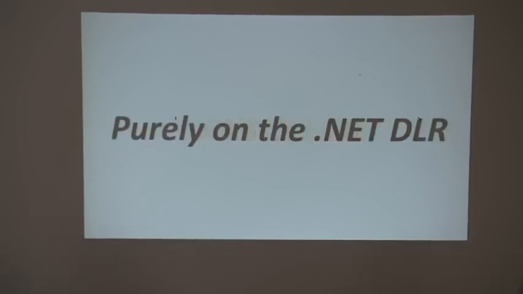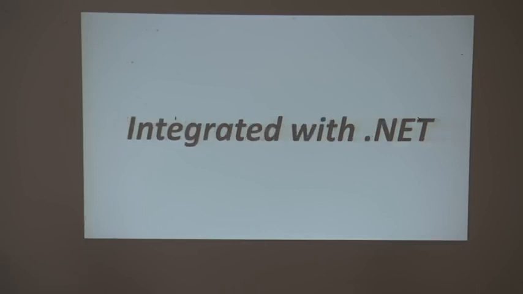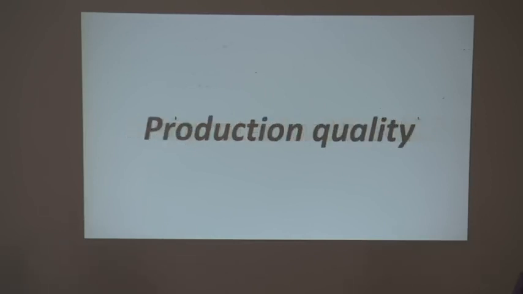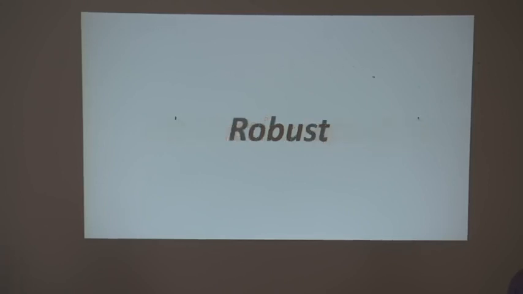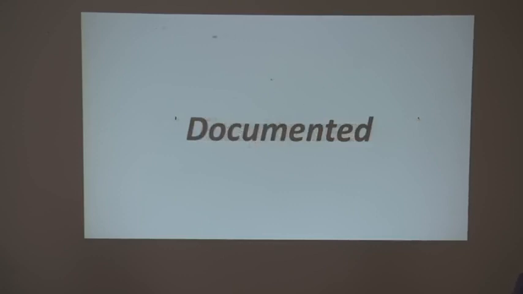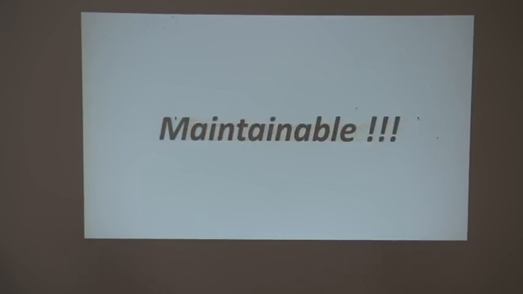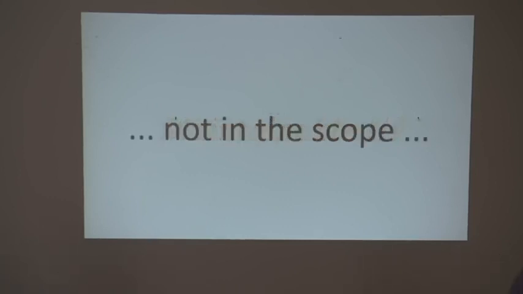We want it purely on the .NET dynamic language runtime, and we want it to integrate with .NET. Very important, we want it to be production quality, which means it should be stable, robust, easy to use, and documented. And one very important thing, it should be maintainable, because new features come, so at one point you need to do something about it.